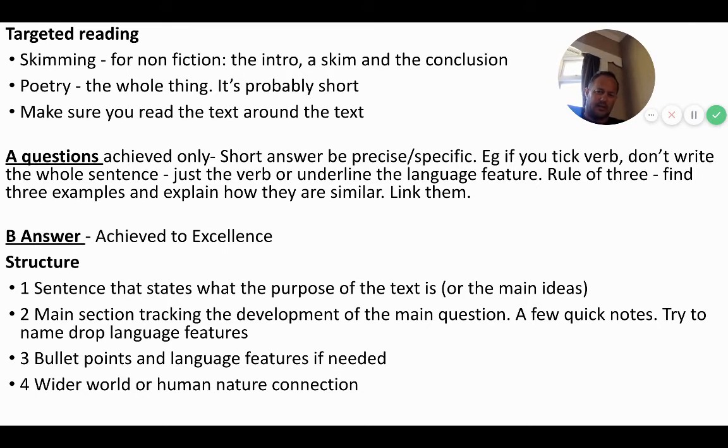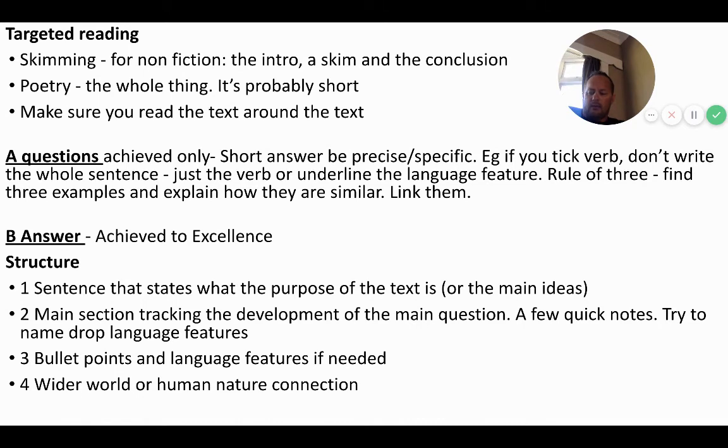For the short answer, you need to be precise and specific. If you're looking for verbs, don't write the whole sentence, just the verb, or write a fragment of the sentence and underline the language feature, whether it's a verb or an adjective. We've got the rule of 3 here: find 3 examples and explain how they're similar. Link them.